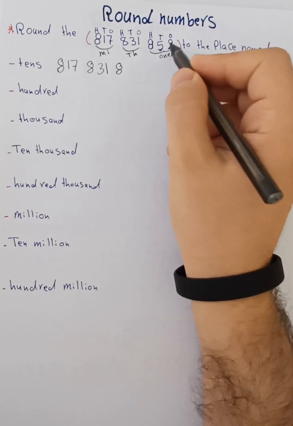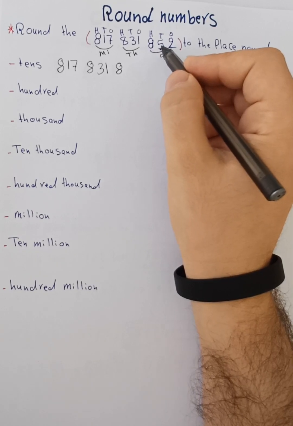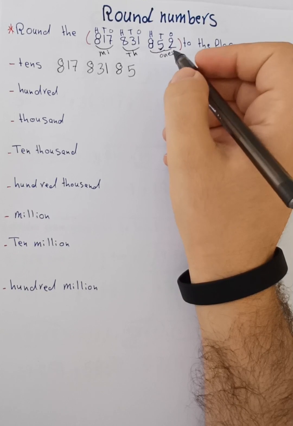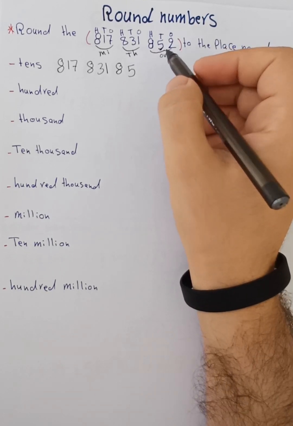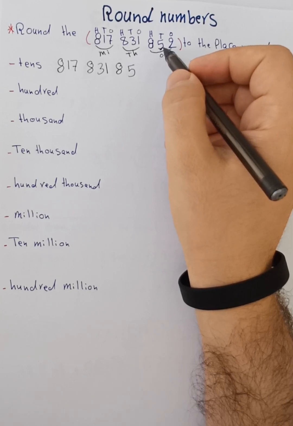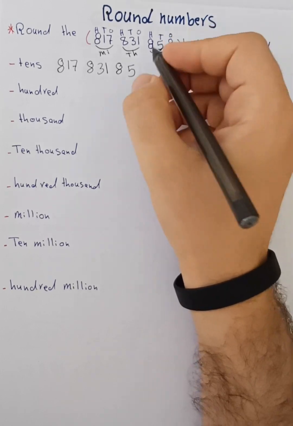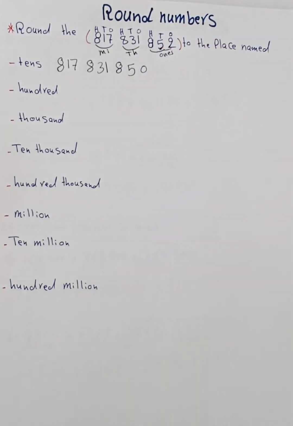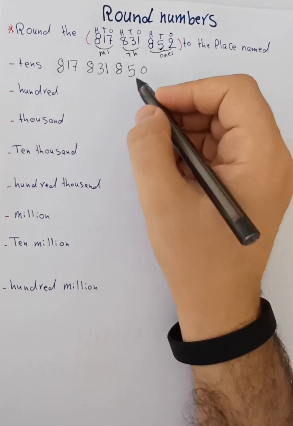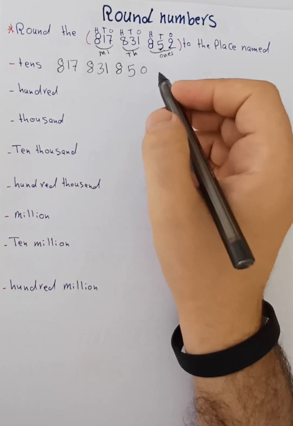So 2 is less than 5, so this 5 stays without change, and then the numbers after the digit in the rounding place become 0. It means this 2 becomes 0. So this is rounding tens. 52 is rounded to 50.